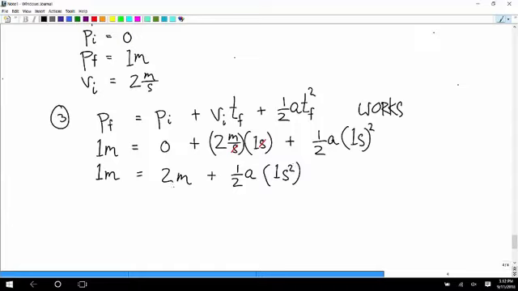The first thing I'm going to do is subtract 2 meters from both sides to get that a term by itself. So we have negative 1 meter is equal to, and now I'm going to use that other notation, 1/2 times a times seconds squared.